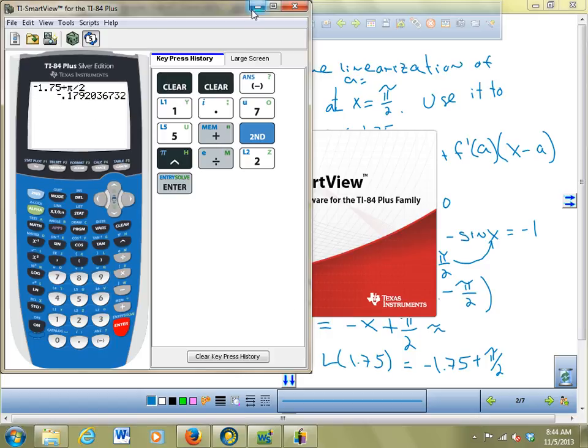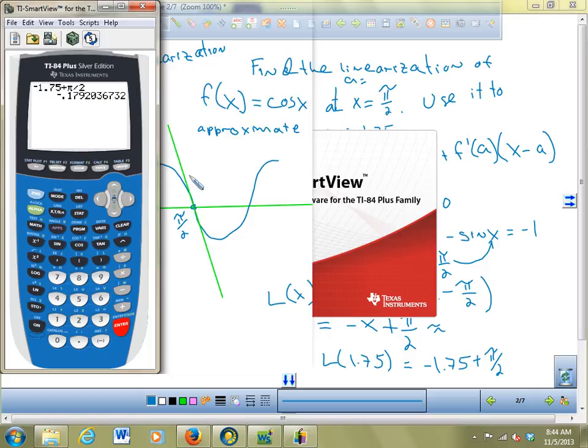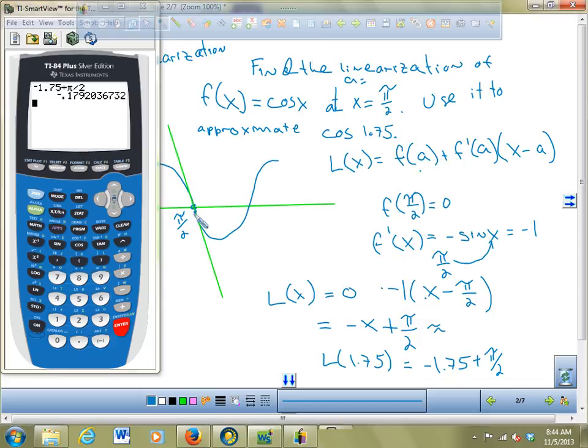So what that's saying is, using this curve right here, if I go 1.75, I think that'd be slightly in front of pi over 2, then the value on the tangent line is negative 1.79203.